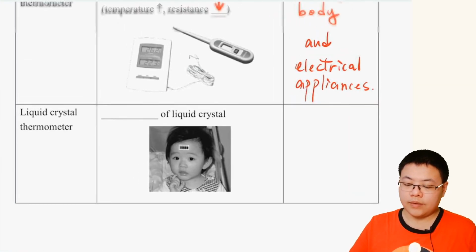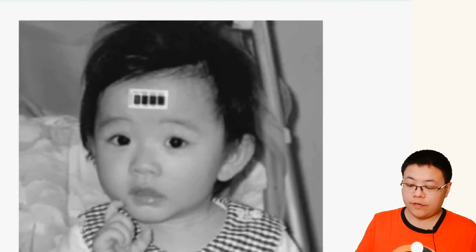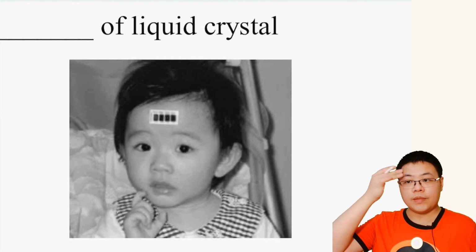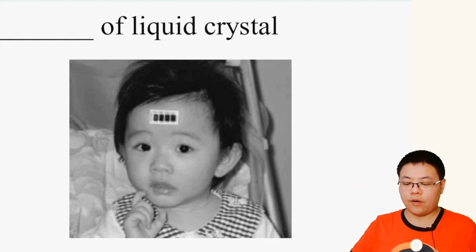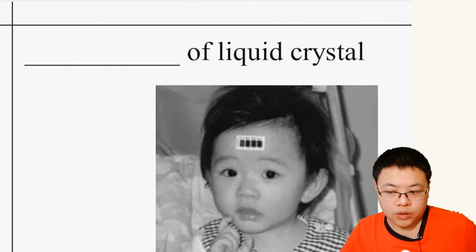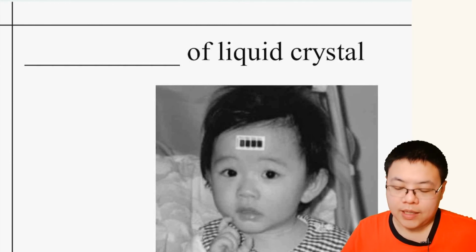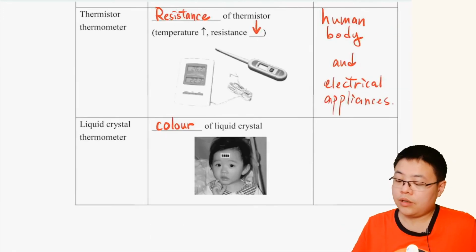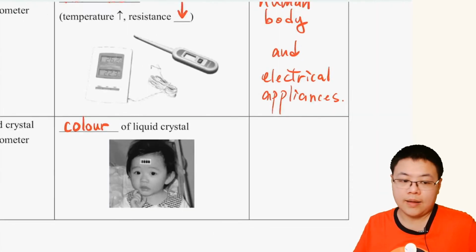Okay, and the last one is this type of color crystal. When you stick it here, depending on the temperature of your forehead, the color of the crystal will change. So the temperature dependent property is color.